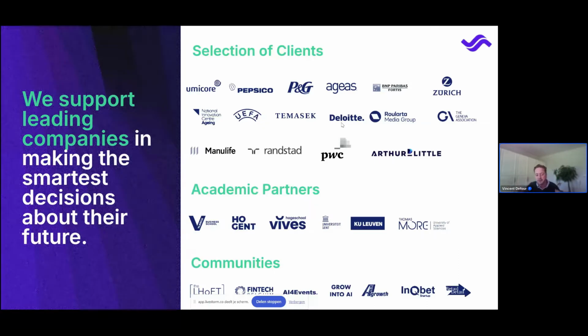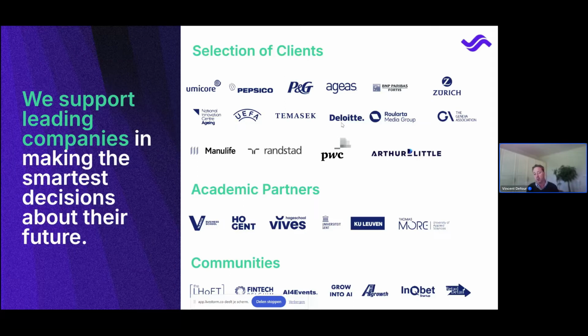We also have some formal and informal academic partners, and we also originated more from the academic world and are active in a couple of vertical communities, whether it's in finance or AI or specific niche communities.